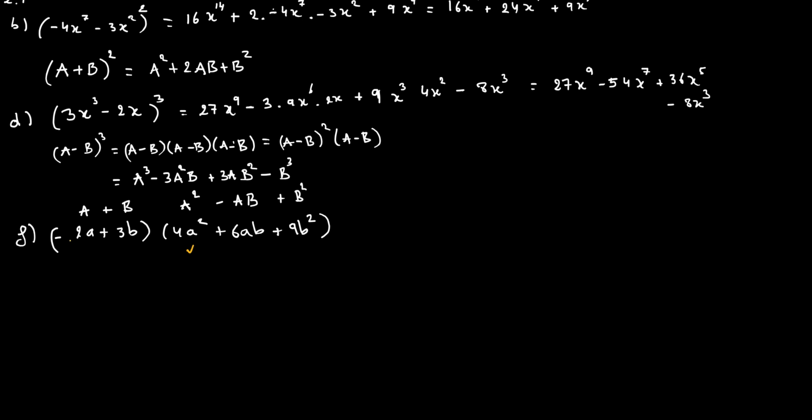Minus ab, let's have a look. Minus 2a times 3b would give you minus 6ab, with a negative sign in front. It is indeed minus ab, so that checks out. Then b squared: 3b to the power of 2 gives you indeed 9b squared. So it is true that this times this is just going to give you a to the power of 3 plus b to the power of 3.